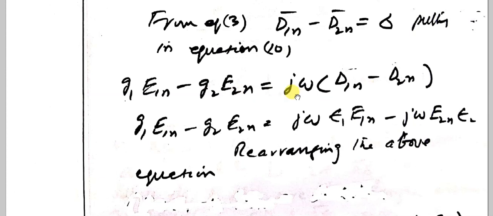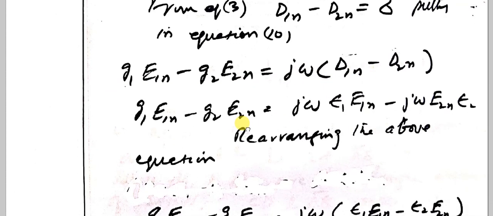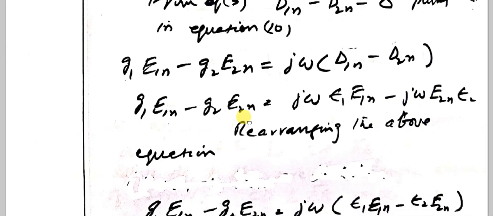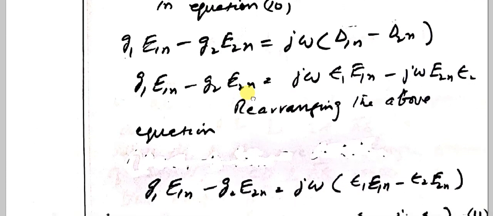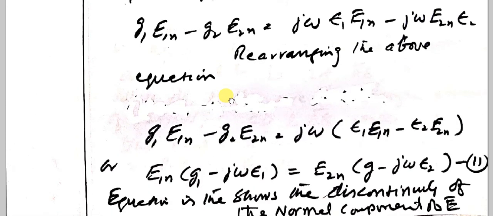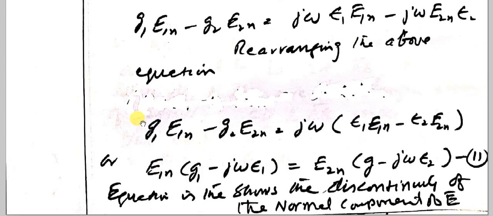After rearranging the above equations, we can rewrite the final equation as E1n into G1 minus j omega epsilon 1 is equal to E2n into G2 minus j omega epsilon 2.